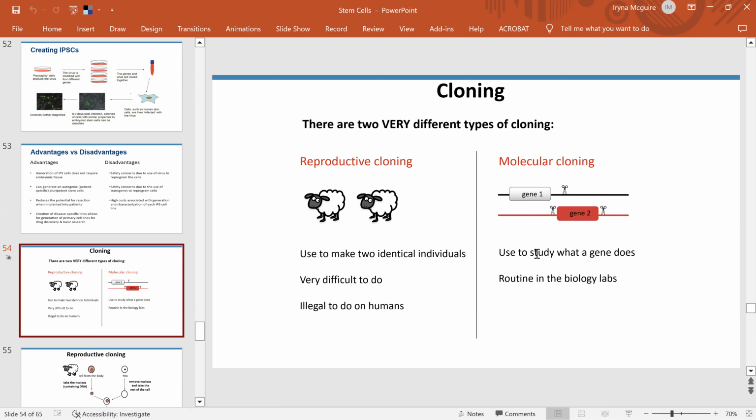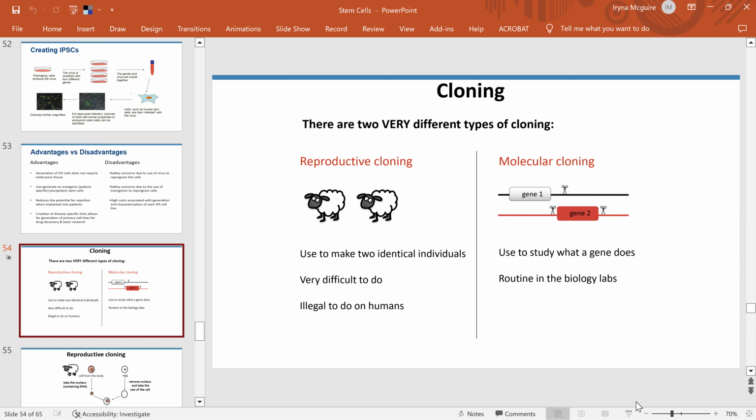So if you have stem cells and we want to make organs, we can grow organs or tissues and use this tissue to replace the damaged tissues or organs of a patient.